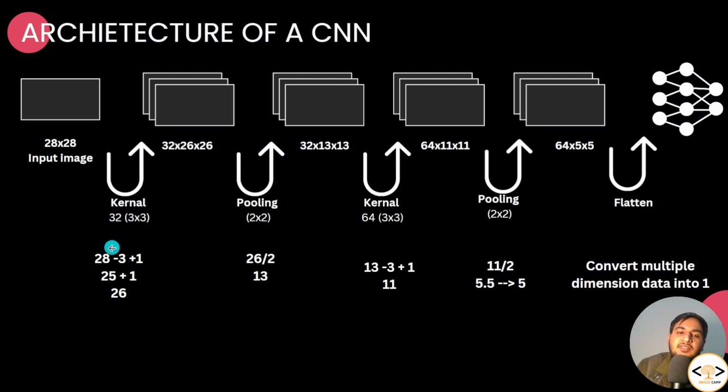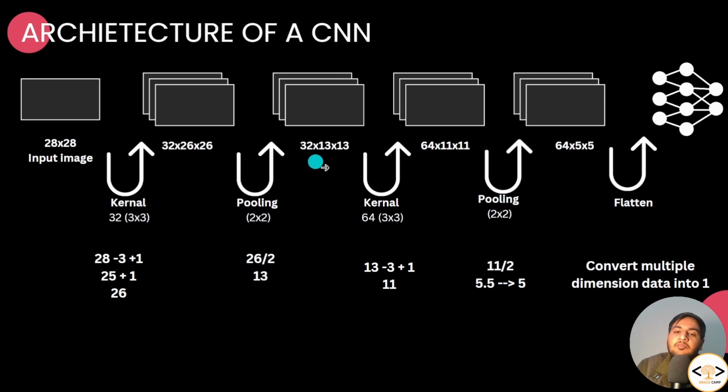So its size would be 28 minus 3 plus 1, so it would be 26. So over here the size of the image is reduced to 26. Now pooling means we have to divide 26 by 2, because we are taking a 2 by 2 matrix, so it would be 13.